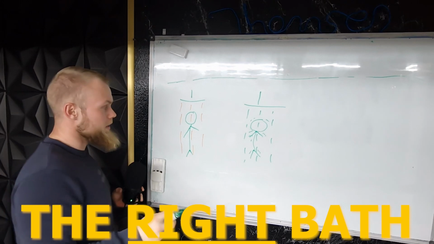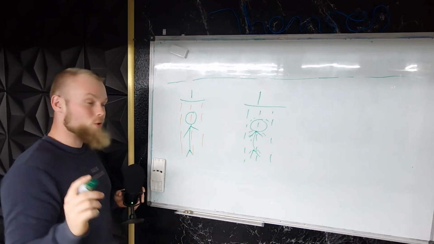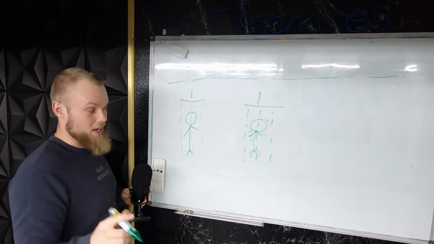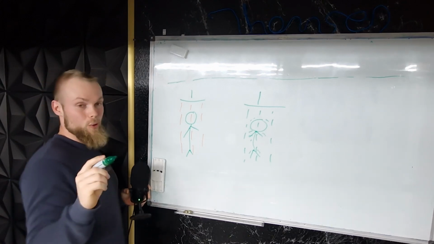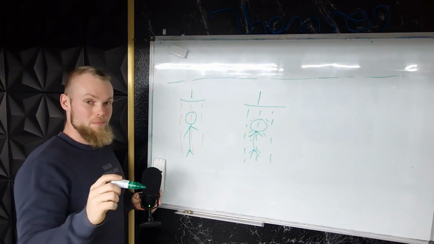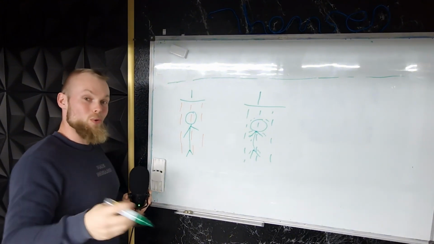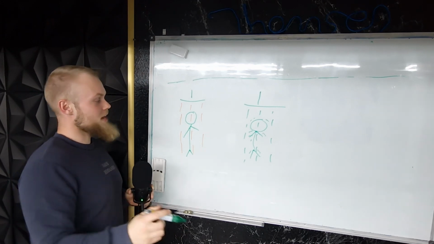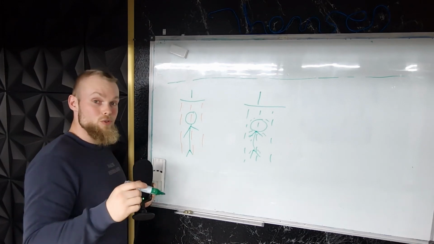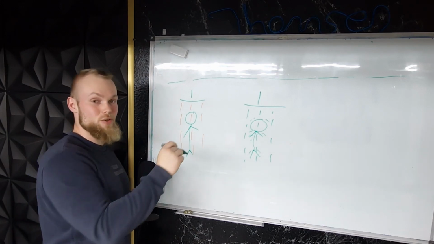Now, before going to bed, if you're the type of guy who likes to do cold showers and stuff like that, don't do that when you go to bed. You should instead take a hot shower, because by taking a hot shower, you actually tell your body that it needs to cool down the core temperature. And when you do so, you become tired naturally.